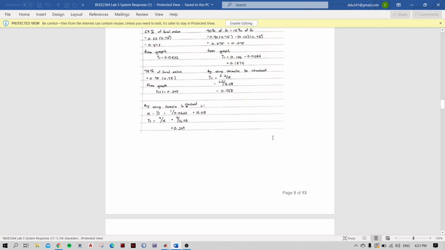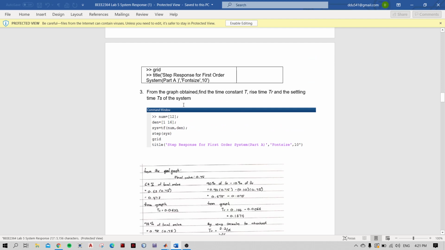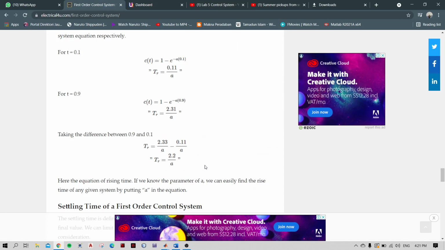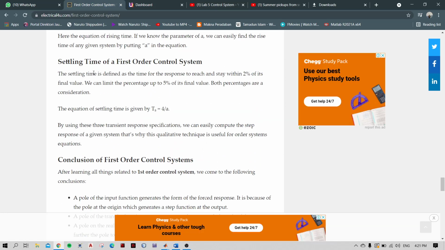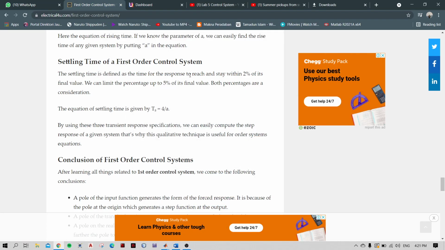Then we go to the settling time of the system. Settling time is defined as the time for the response to reach and stay within 2% of its final value, or we can limit the percentage up to 5% of its final value.